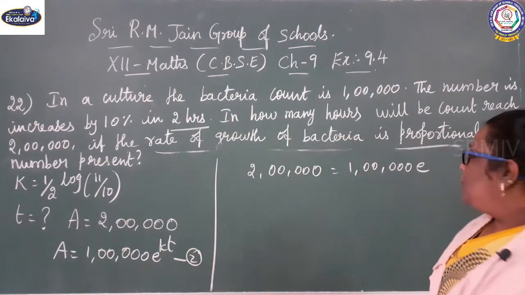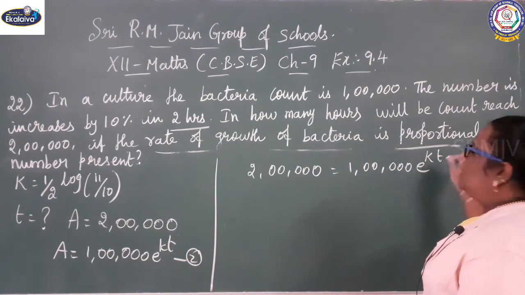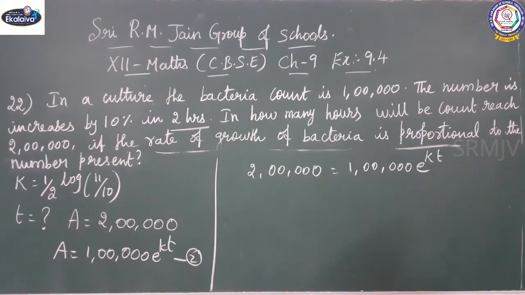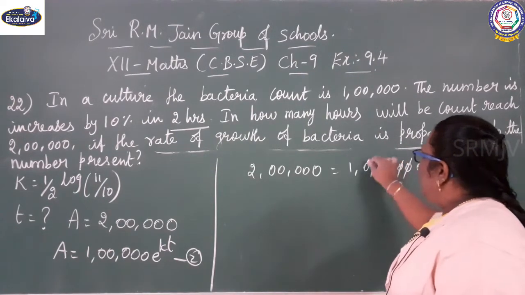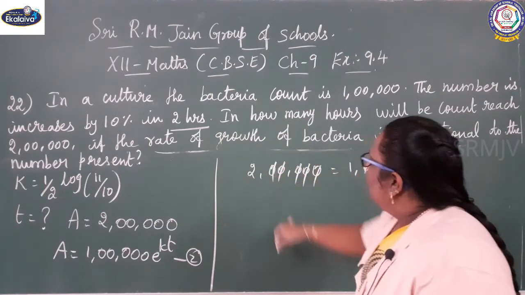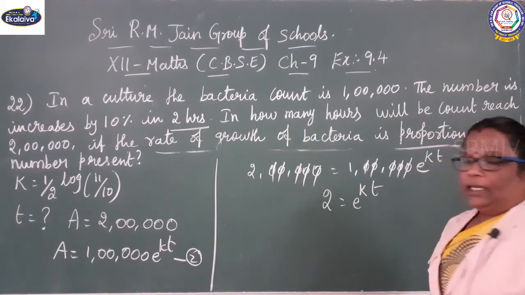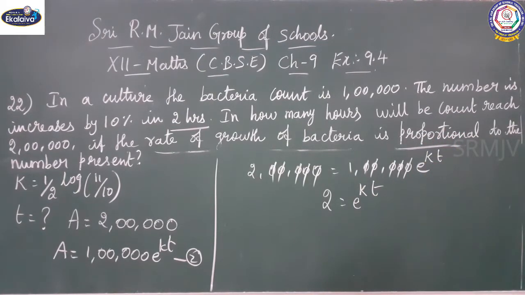You know the value of k also. So cancel the common value: 2 equal to e power kt.